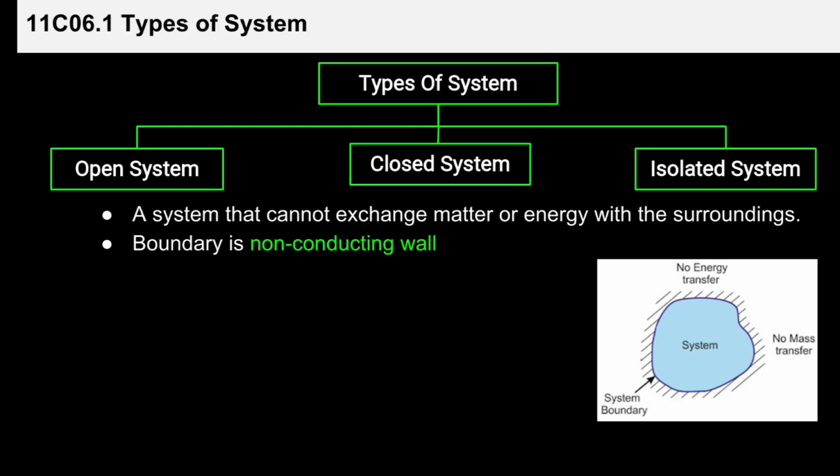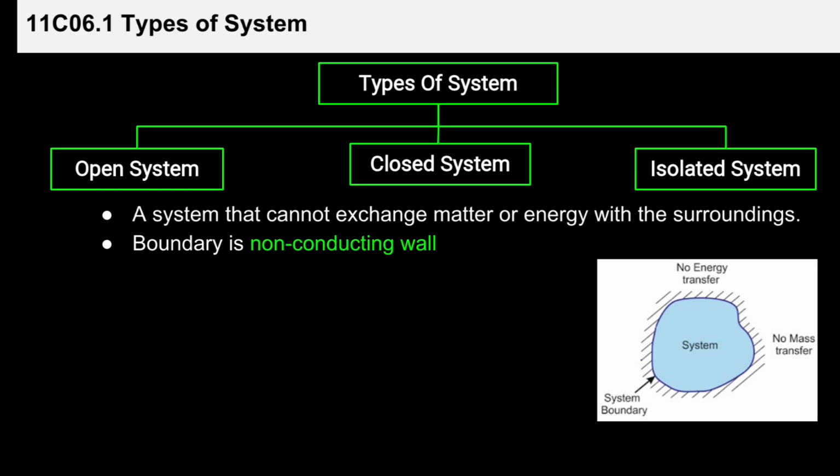Third is isolated system. An isolated system cannot exchange both matter and energy with surroundings. The boundary of an isolated system is a non-conducting wall, meaning the boundary does not allow the system to exchange both matter and energy with its surroundings.